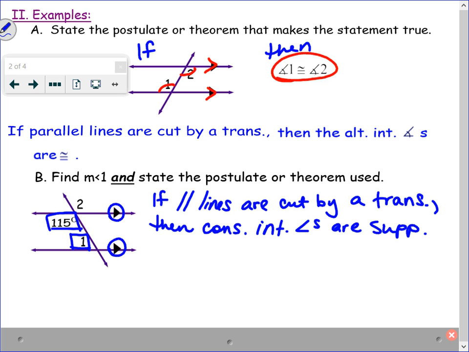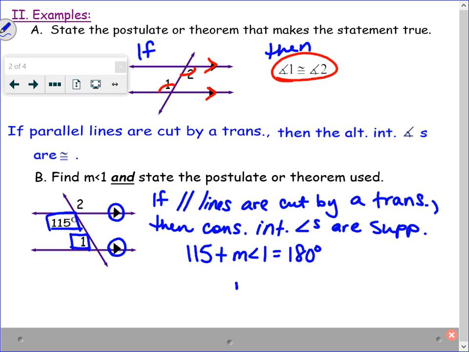Now that we know what postulate or theorem we're using, we now know if we need to add these together or to set them equal. Remember earlier in the year, I told you that 90% of the time we set things equal, and this is one of those times when we don't. We're going to take the 115, and add the measure of angle 1 to get 180 degrees, because the consecutive interior angles are supplementary.